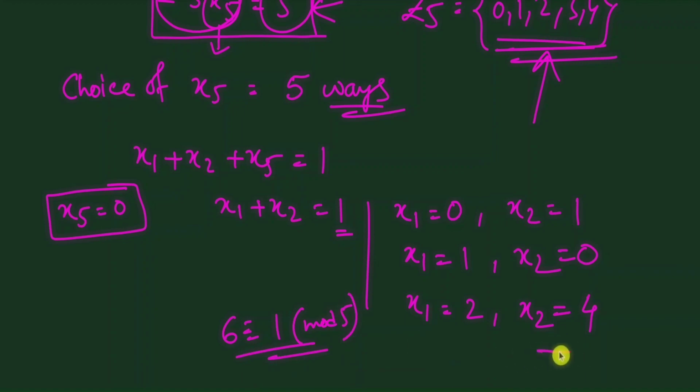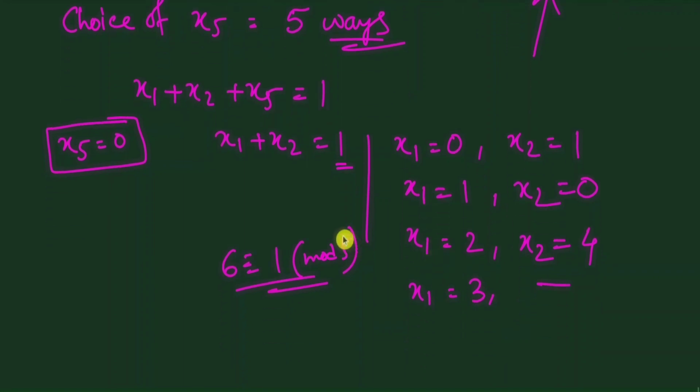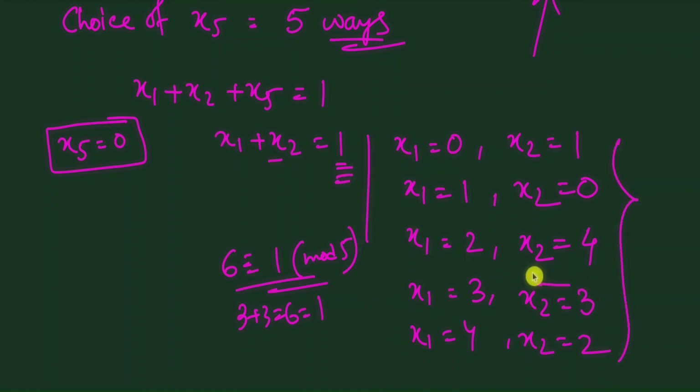Now if we choose x1 equal to 3, then x2 equal to 3, then 3 plus 3 equal to 6, which is 1 modulo 5. And if we choose x1 equal to 4, then x2 equal to 2, so 4 plus 2 equal to 6, which is 1 modulo 5. So we get 5 choices of x1 and x2.